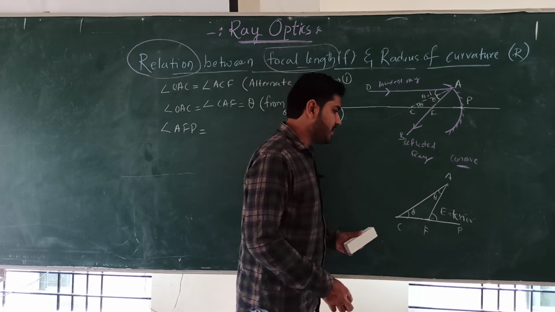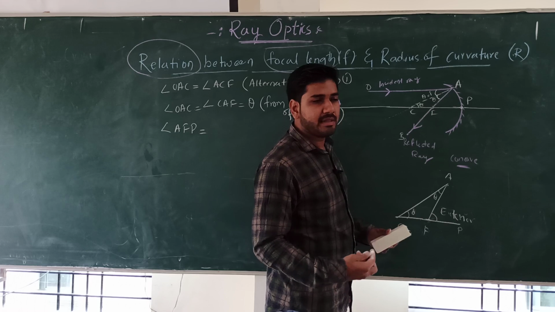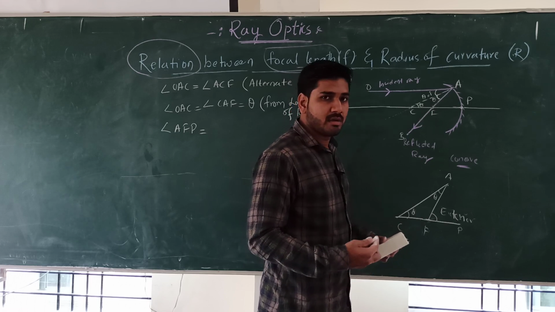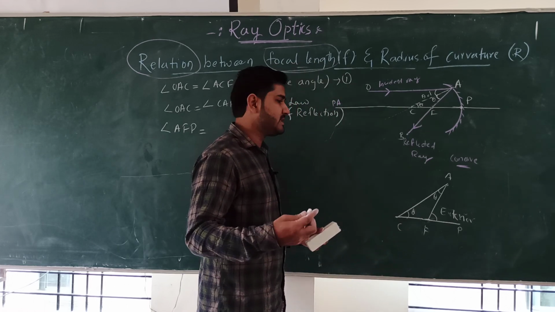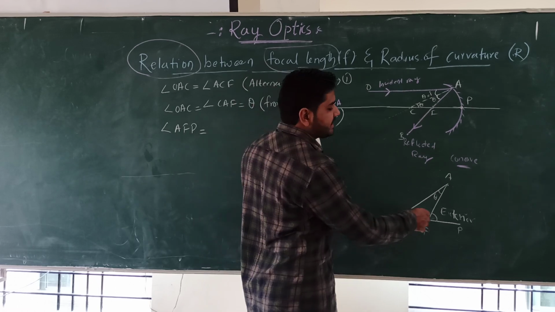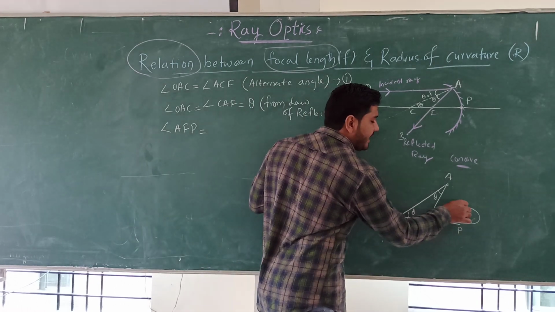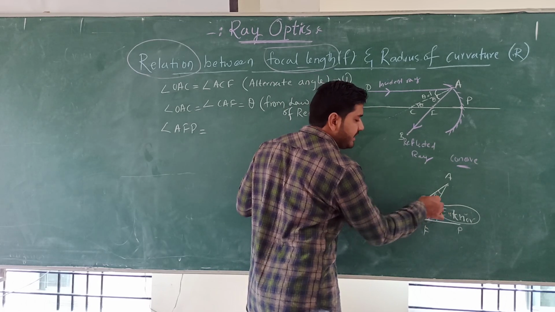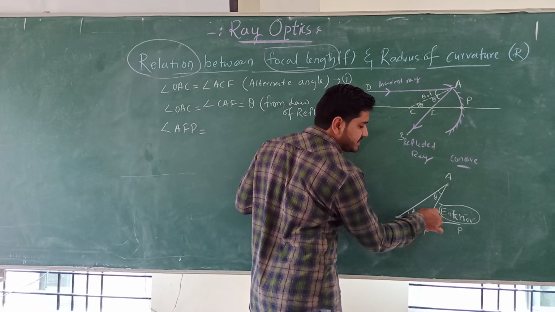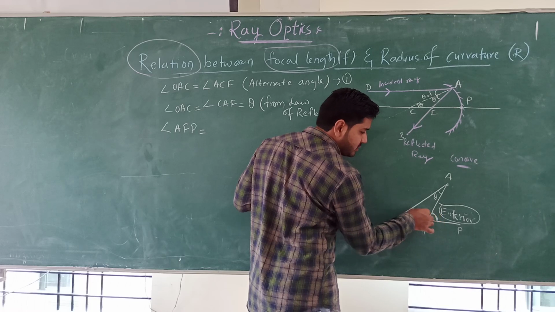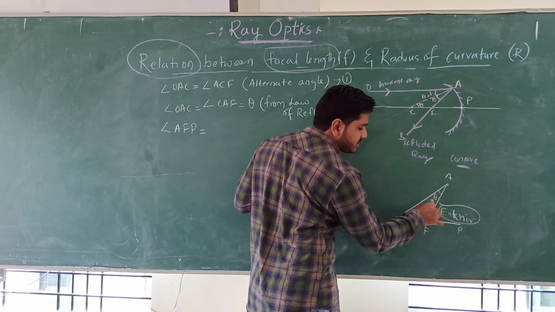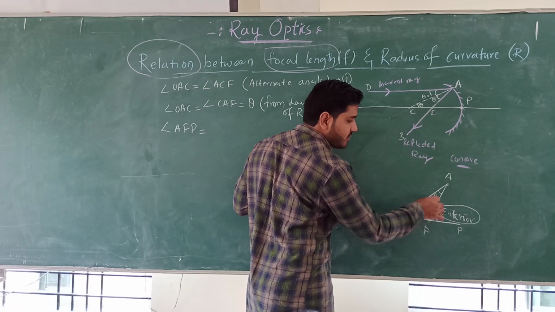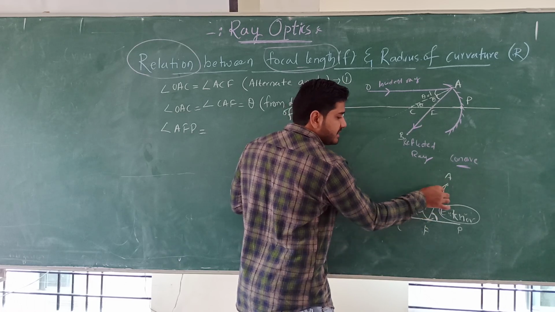We know the rule from previous classes, in 10th and 9th, that the exterior angle of any triangle is equal to the sum of the opposite interior angles. Suppose this is an exterior angle to this triangle, so it will be equal to the sum of the opposite interior angles, which are this angle and this angle.